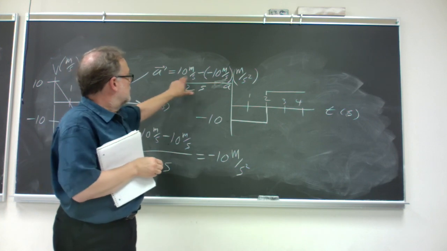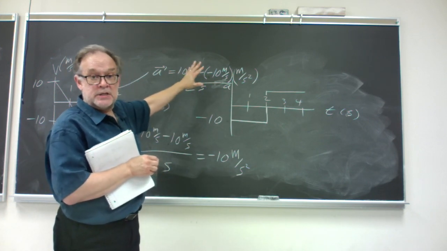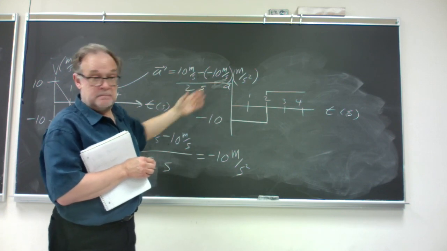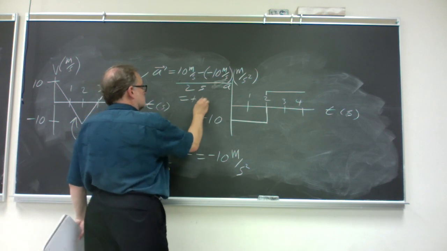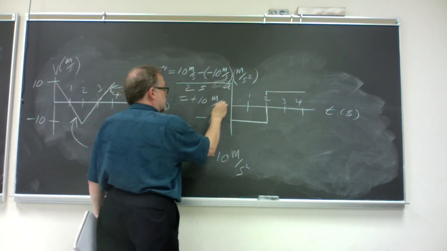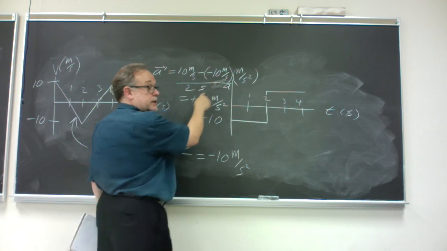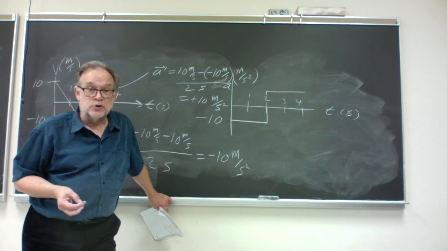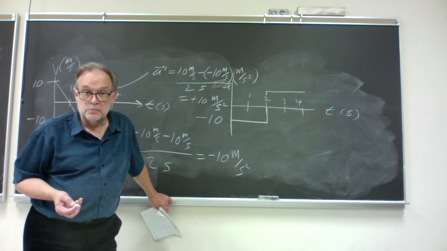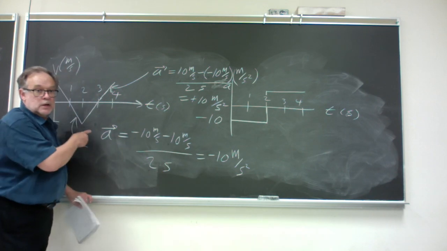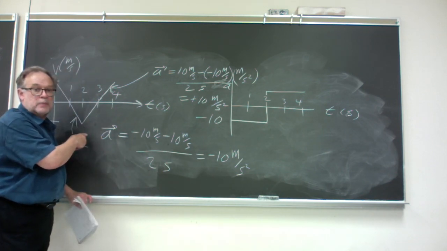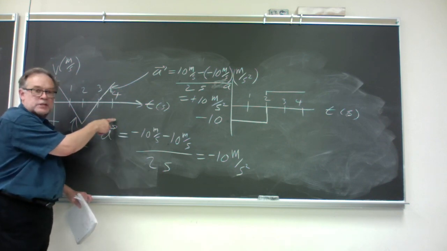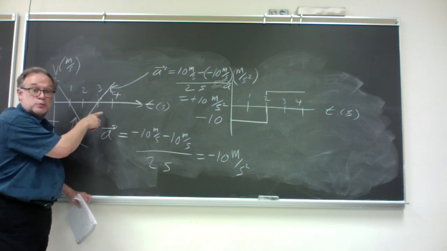So now 10 minus a negative 10, that's 10 plus 10, or 20. 20 over 2 is plus 10. Plus 10 meters per second per second. In each second, the velocity gets 10 meters per second more positive. From 2 to 3 seconds, the velocity went from minus 10 to 0, got 10 meters per second more positive. And from 3 to 4 seconds, the velocity got 10 meters per second more positive.